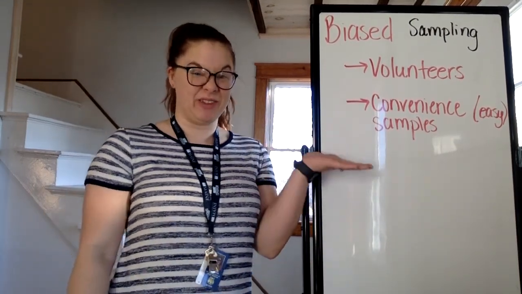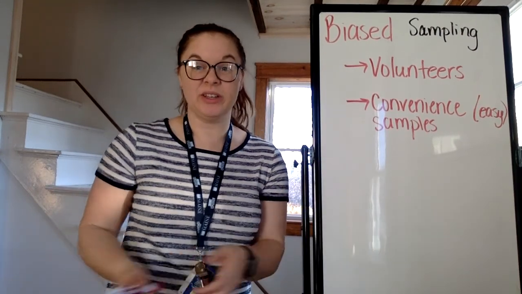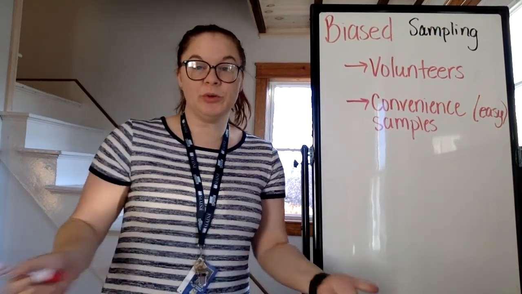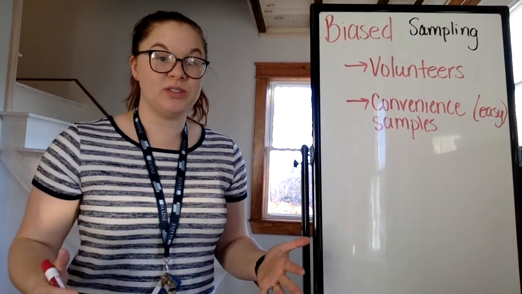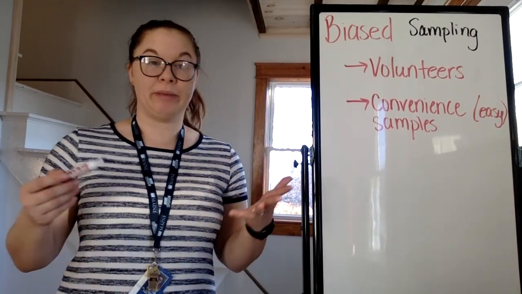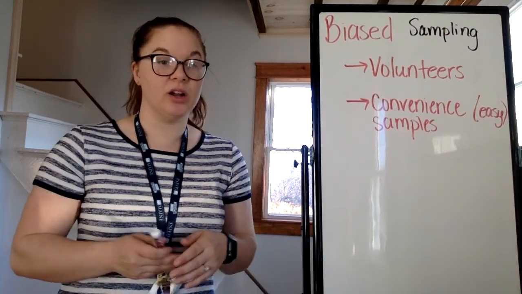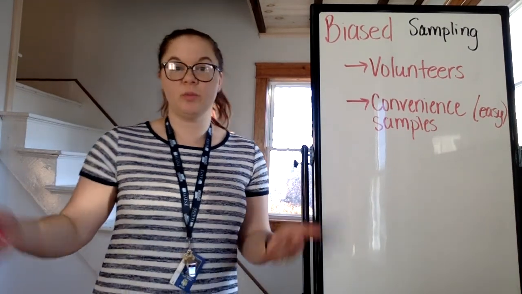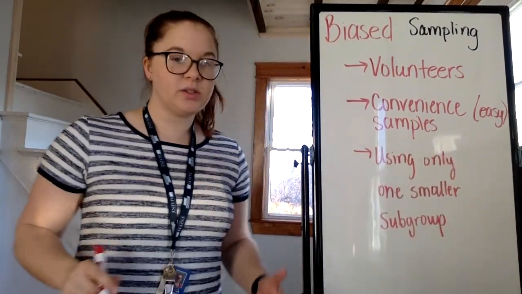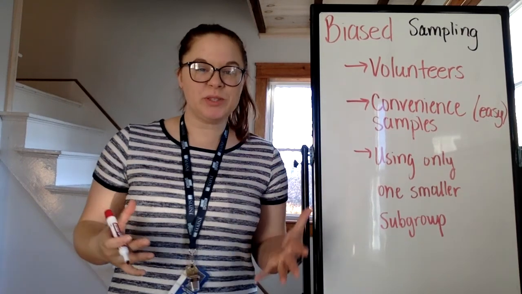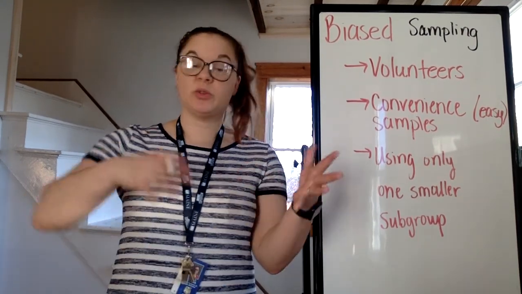Another final way that you would get a really biased sample, besides asking people to volunteer or getting those convenient people, is to choose people in a group, such as all the students in band, all the students that play soccer, all of the boys that wear Nikes. These groups are called subgroups. Our school has a lot of them.